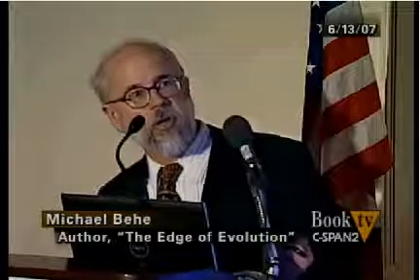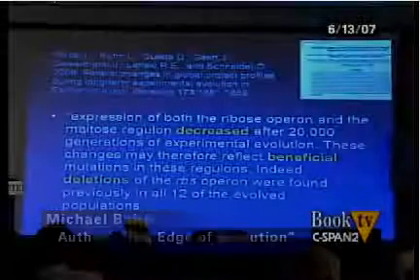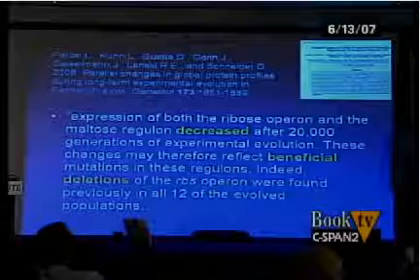And it turns out it does pretty much the same thing as we saw in the case of malaria in humans. In recent years, he's published his findings that genes for something that makes a substance called ribose were deleted, destroyed, thrown out by the E. coli genome.